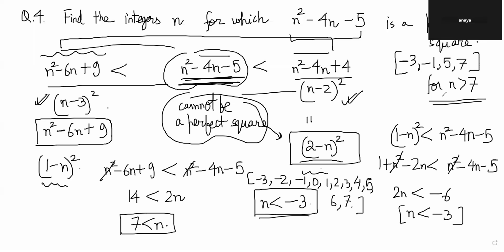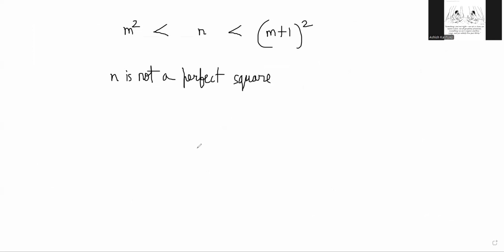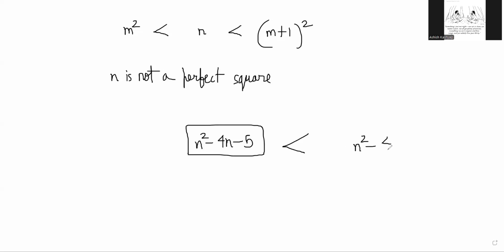So notice what we have done. It's an intelligent way to use the property that if m square is less than n less than m plus 1 square, n is not a perfect square, right? And here in this problem, we just did that. We had this number as a number to test. And then we can easily see that it's always less than n square minus 4n plus 4, right?